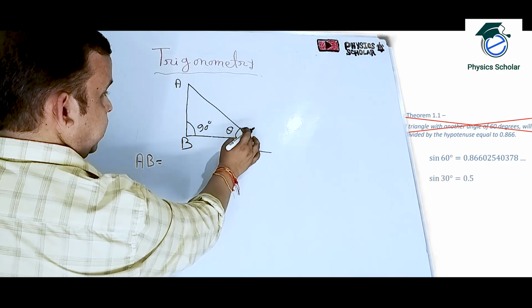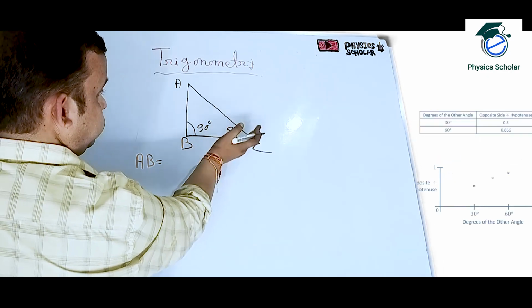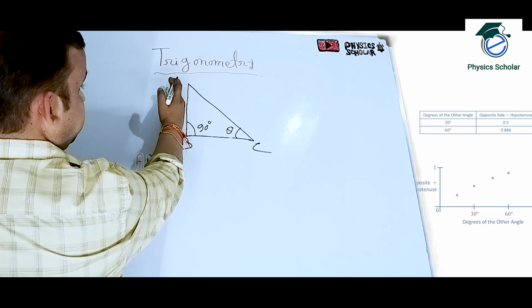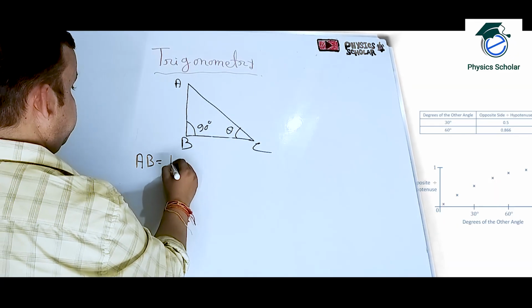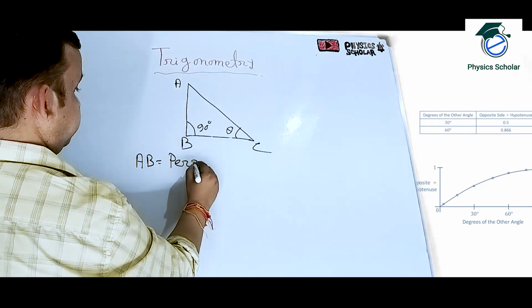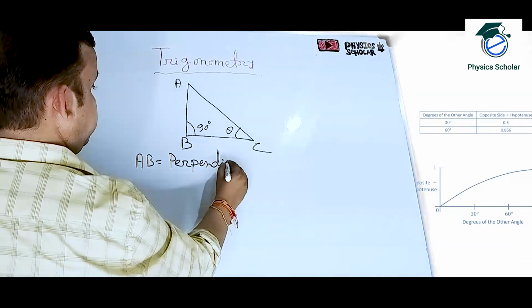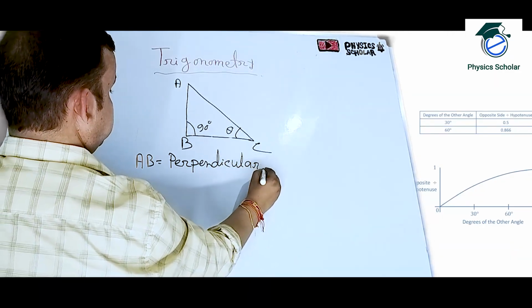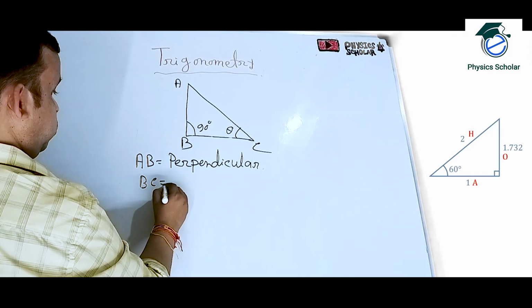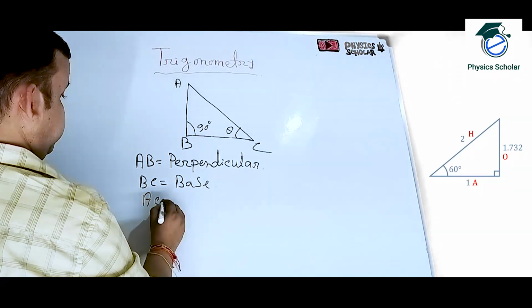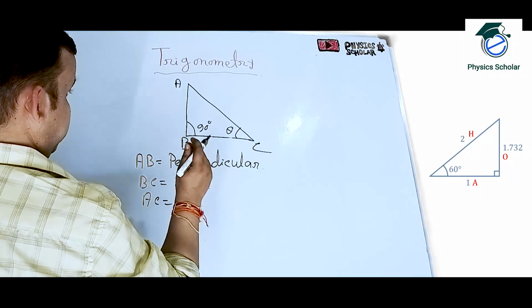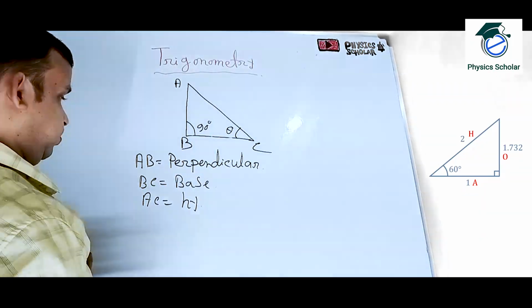With respect to this angle, AB is the perpendicular, BC is the base, and AC is the hypotenuse of this right angle triangle.